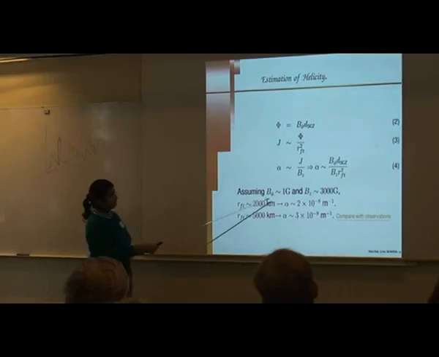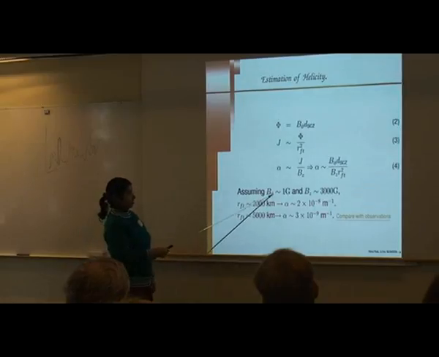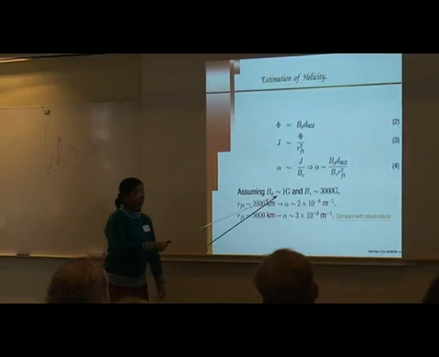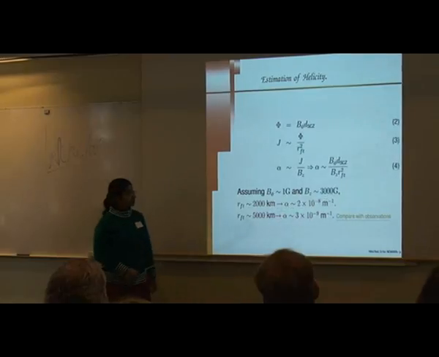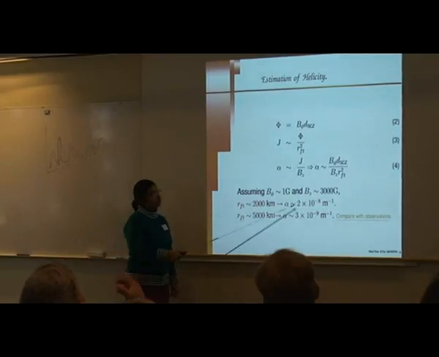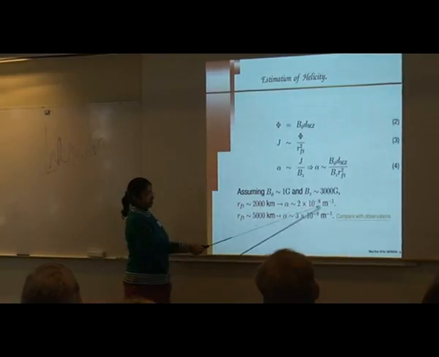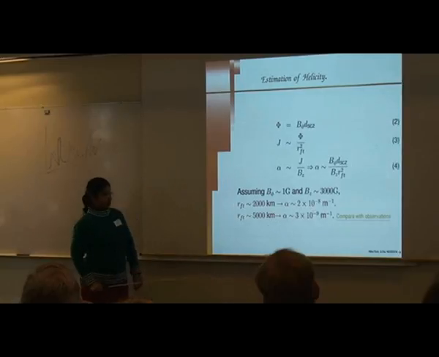Now we plug in these values: B phi average of 1 Gauss, and sunspots have typical fields of 3000 Gauss. For flux tubes with radius of about 2000 kilometers, we expect this alpha to be of the order of 2 times 10 to the minus 8 per meter.